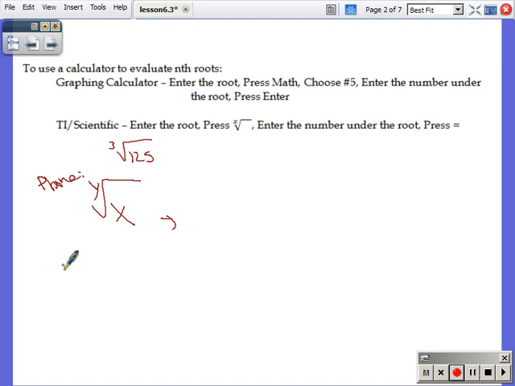So, alphabetical order, I would use the X first, so I would enter 125. I would hit my Y root of X button that I need by root, and then press equals. So that would be the order on your calculator.